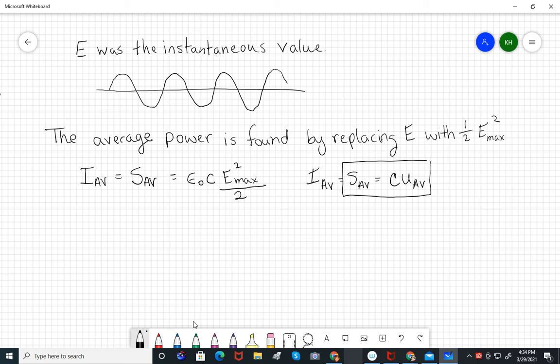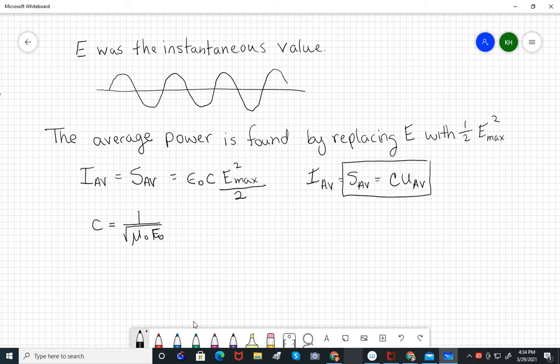It's one way of thinking about it. If we take this formula that we just had and do some rearranging, we know that c is 1 over the square root of mu naught epsilon naught.